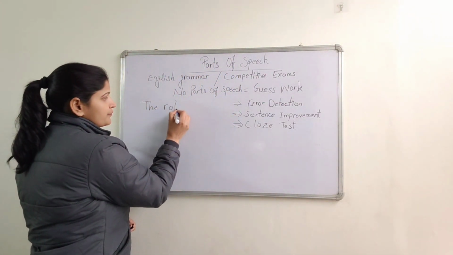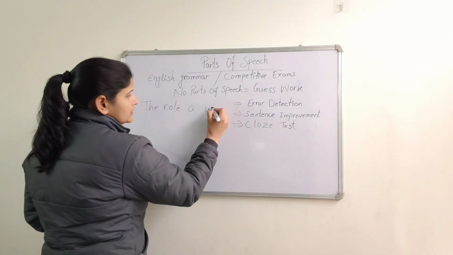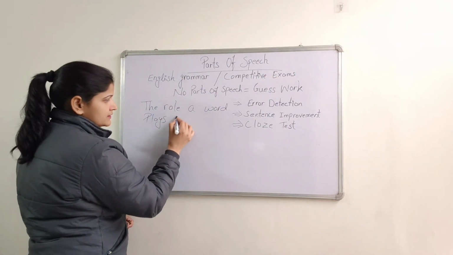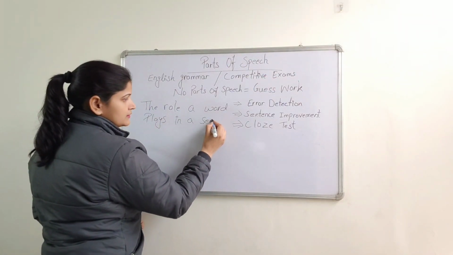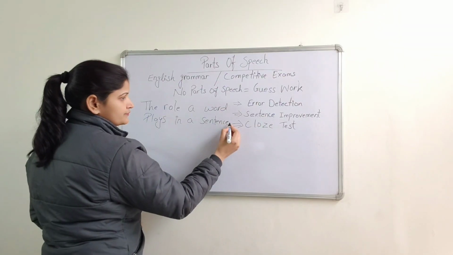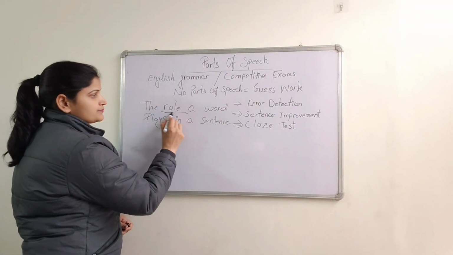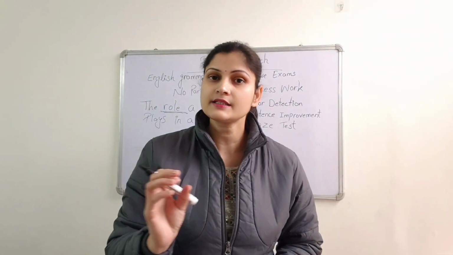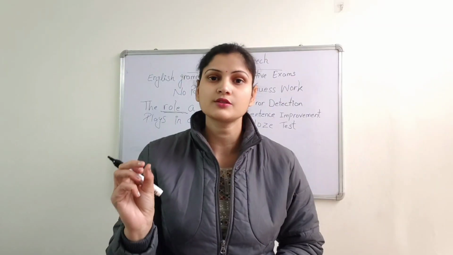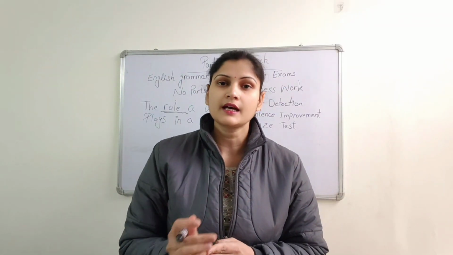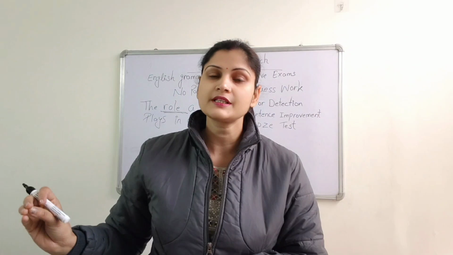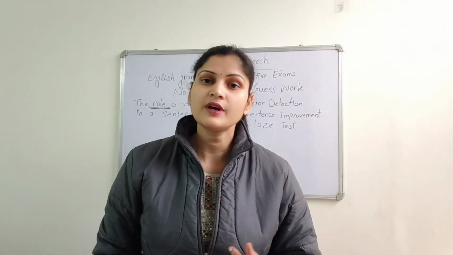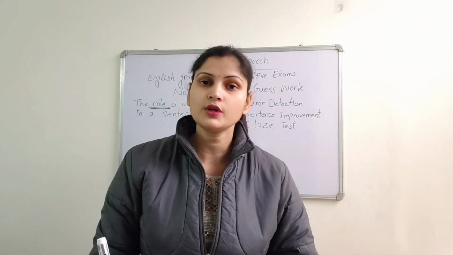The role a word plays in a sentence, that role is called parts of speech. Every word has its different role in every sentence. English grammar has rules, but rules work only when you know which word is doing what job.